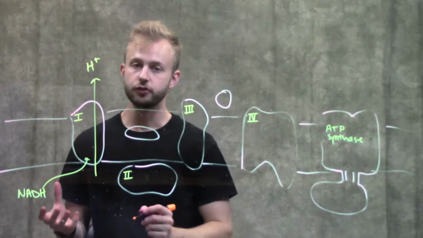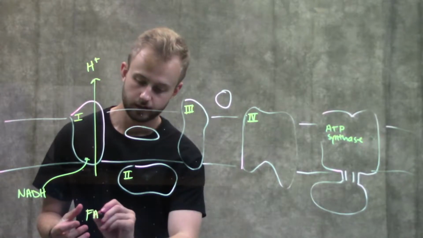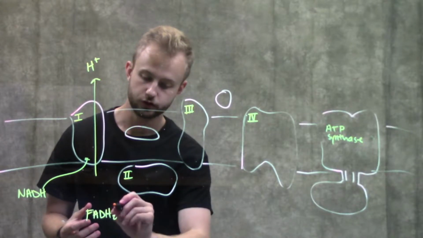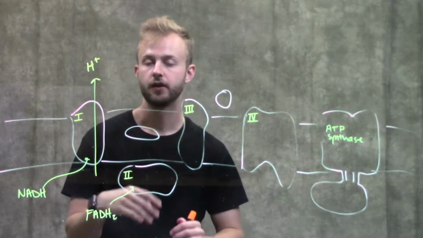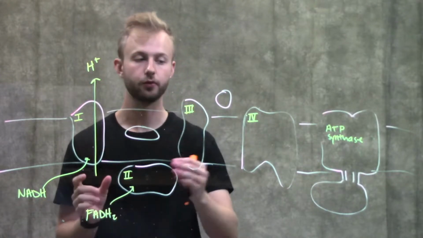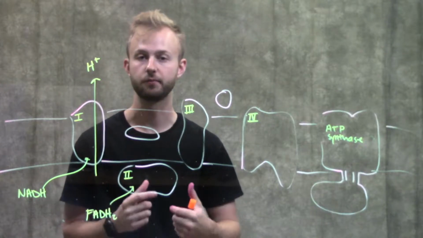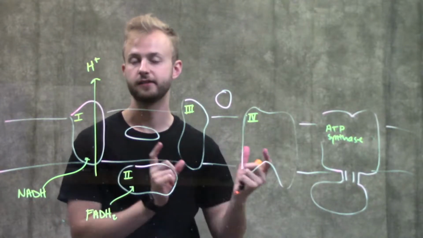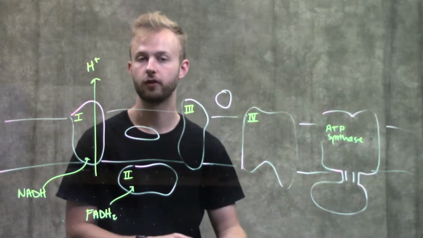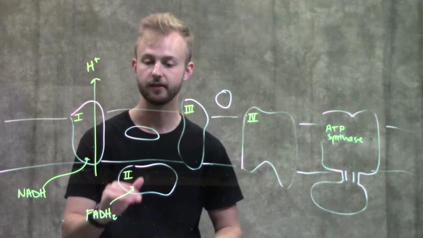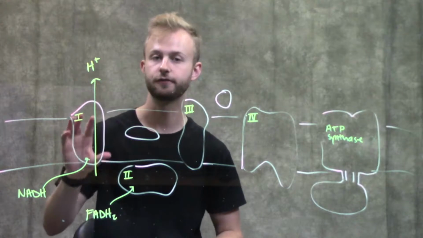FADH2, on the other hand, is going to drop its electrons off at complex 2. Complex 2 is unique in that it's the only complex that doesn't pump any protons, which we're going to come back and see later, that FADH2 contributes less to the overall ATP formation because it misses this first proton pump.